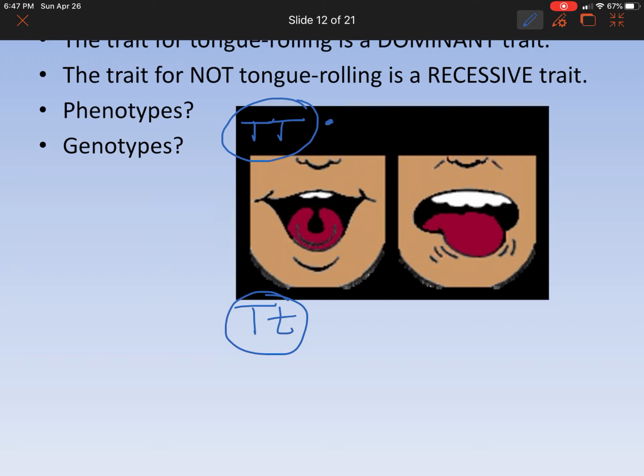This one here is dominant and dominant. This one is dominant recessive. Both of those people can roll their tongue. However, this one is a recessive trait, so that's going to be the lowercase. So if you can't roll your tongue, that means that you got both alleles that are recessive, both of the weaker alleles. So both of your parents passed on a lowercase t to you, or a recessive allele. Okay, come back to that after.